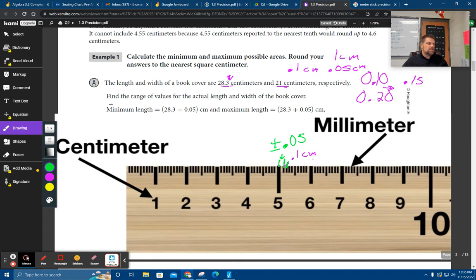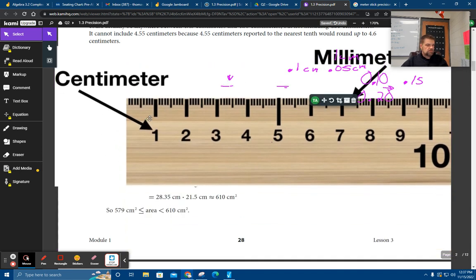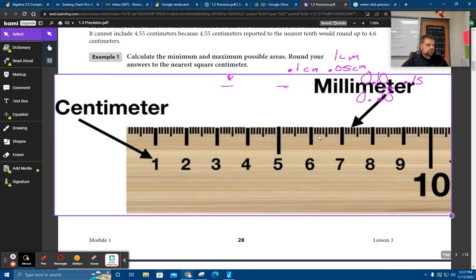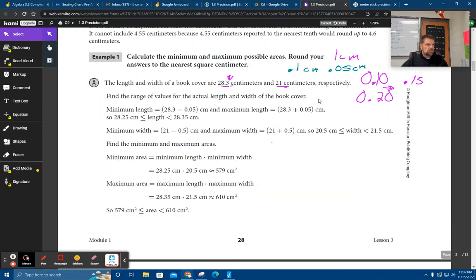So when we do all this math, I have to consider the next decimal space, this plus or minus 0.05. To find the minimum length, I'm going to take this length of 28.3 and subtract 0.05 from it, or to find the maximum length, I'm going to add 0.05.